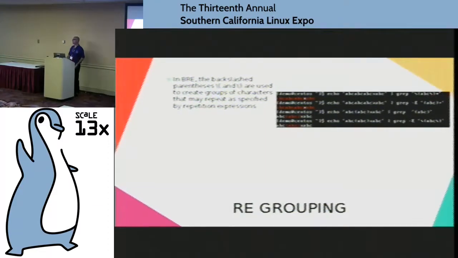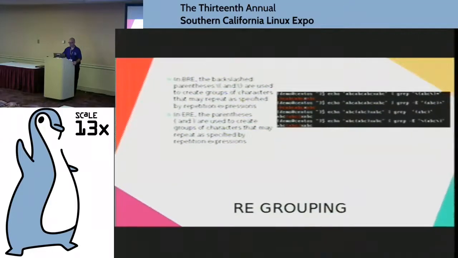Also, when you start using things like Perl and Python, the parentheses will specify the text that you want to extract, or the information in a group of characters that you're interested in. Of course, in the extended regular expressions, you don't need to put the backslashes in front of the parentheses. And again, we'll be able to use that for repetition.